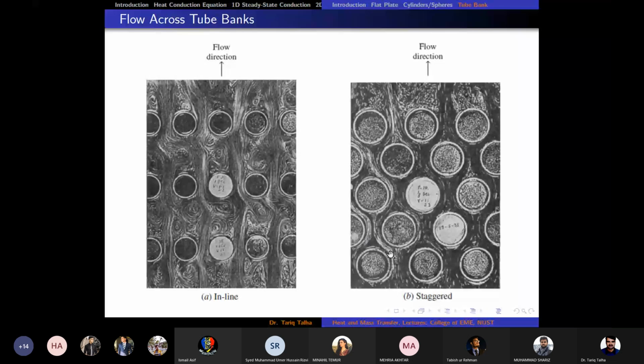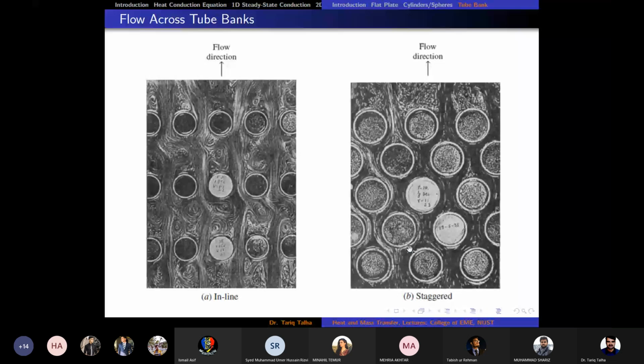Now you can see that in the staggered arrangement, this SL, which is the distance between two tubes in the flow direction, is very small here. You can easily see that 2 times SD minus D can be less than ST minus D here, right? Because the flow direction is the y direction.